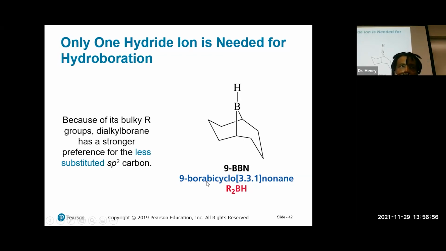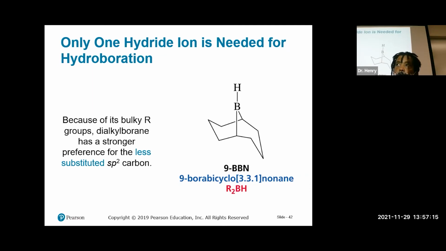And so that kind of gives you an idea of what the steric structure of this is going to look like. Now, the key part of it is that it's going to try to find the place where it's going to have the least amount of substitutions, and that is not going to interfere with anything else.